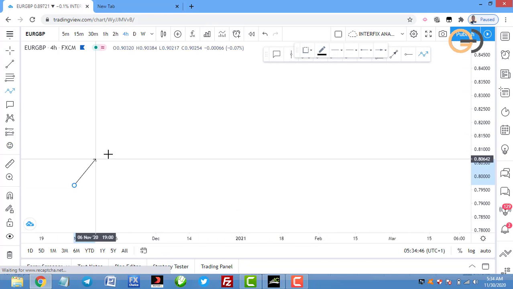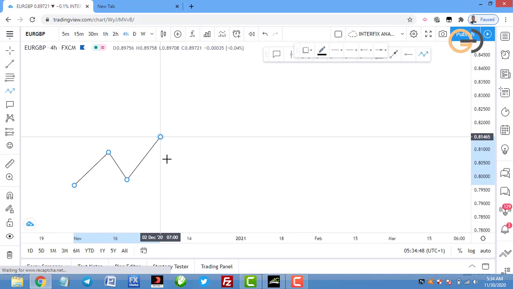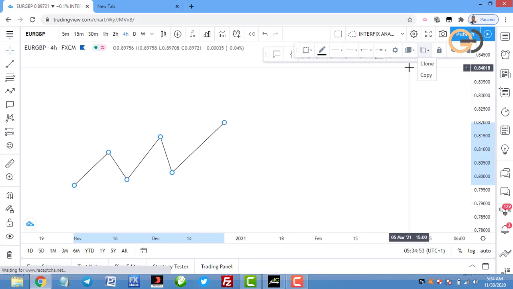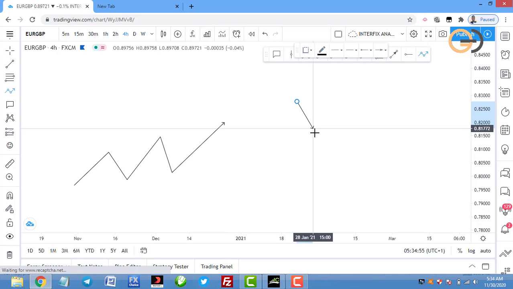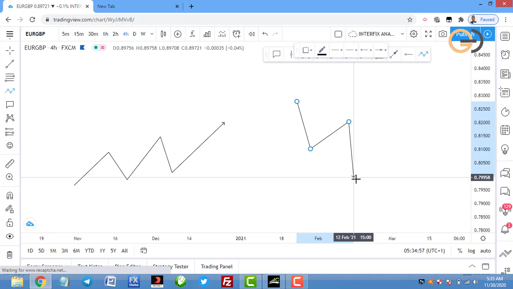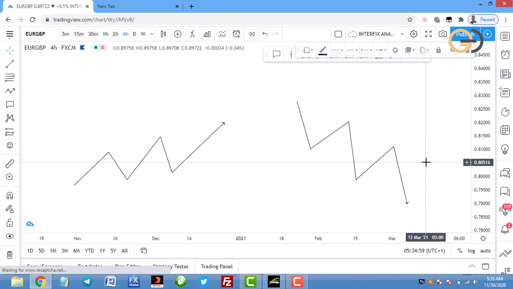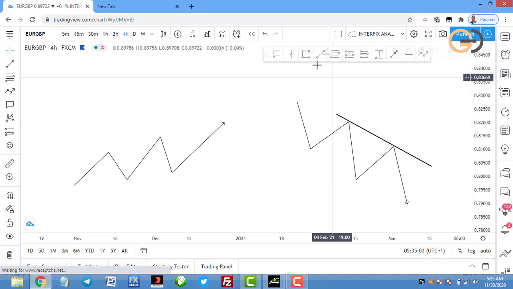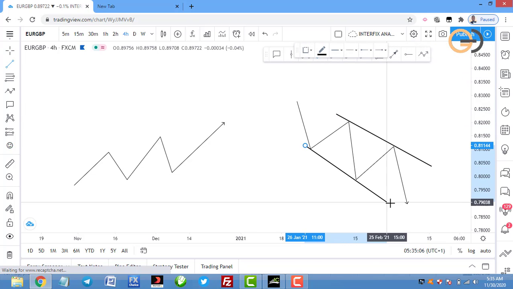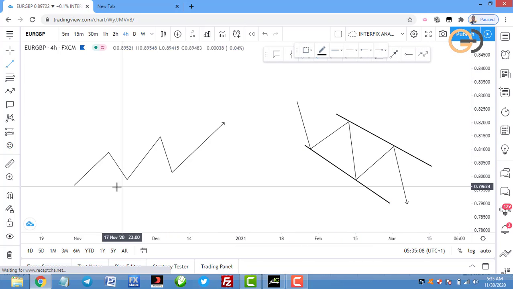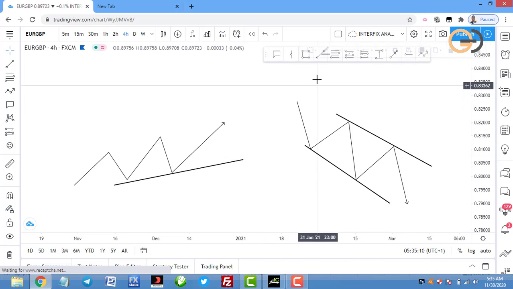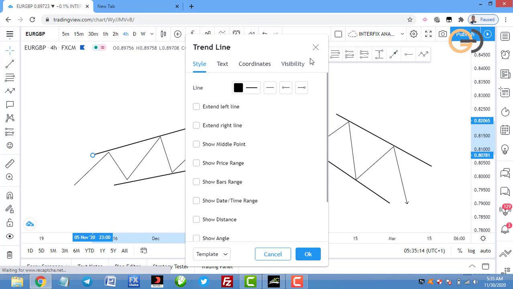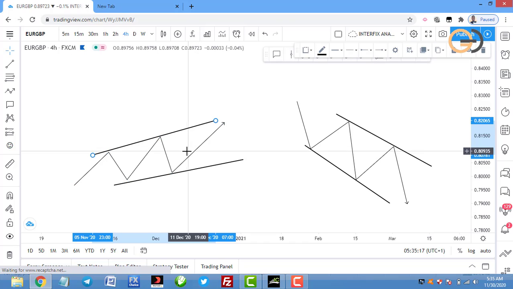The trend has to be very clear for you, very clear for an uptrend, and for a downtrend too. Then you can connect the highs and the lows, so that you know when to buy and when to sell.